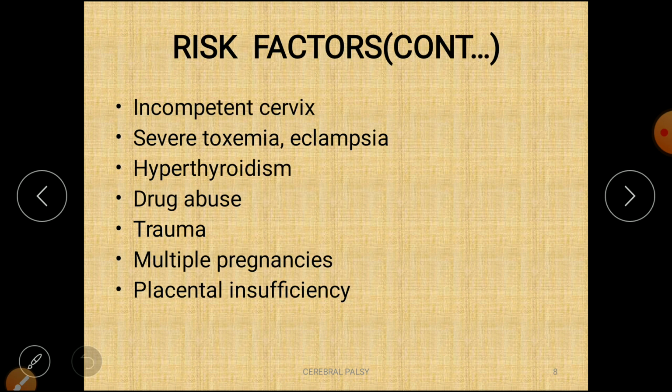Then incompetent cervix, where proper dilatation does not happen, severe toxemia and eclampsia, hyperthyroidism in mother, drug abuse, that is, mothers often take drugs in pregnancy without prescription, and that also causes the chances of cerebral palsy. Trauma, multiple pregnancies, twins, triplets, and placental insufficiency, so that also causes cerebral palsy.